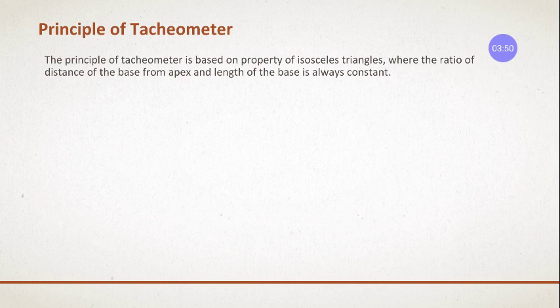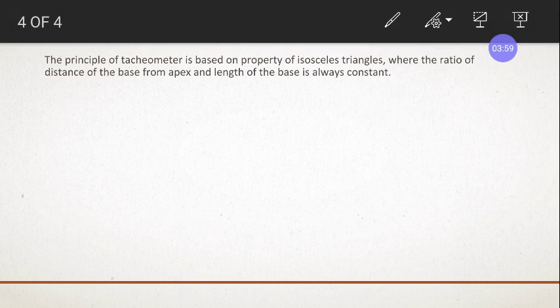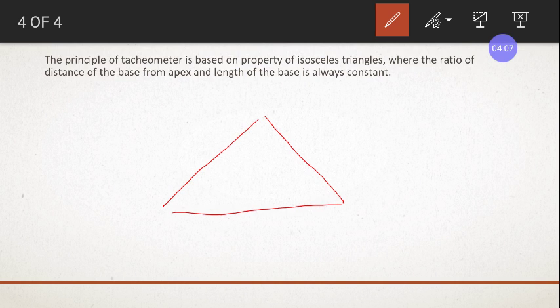The principle is based on the properties of an isosceles triangle. You know what is an isosceles triangle? A triangle which has two sides equal. If these two sides are equal, then it means the two angles are also equal, right?